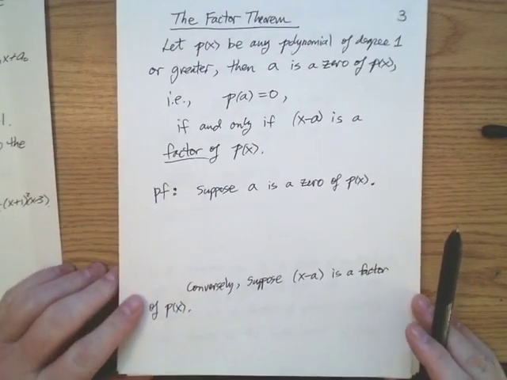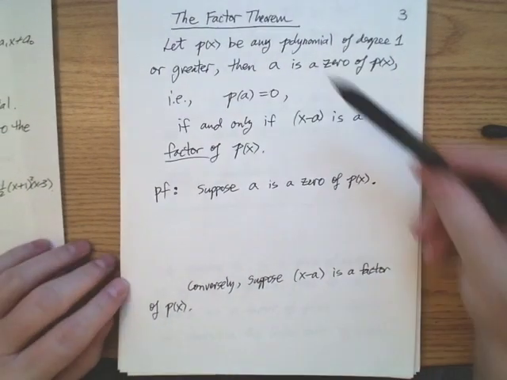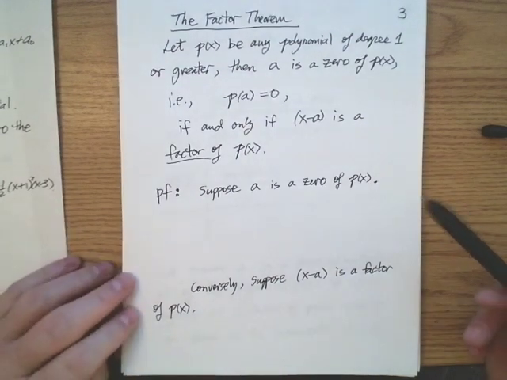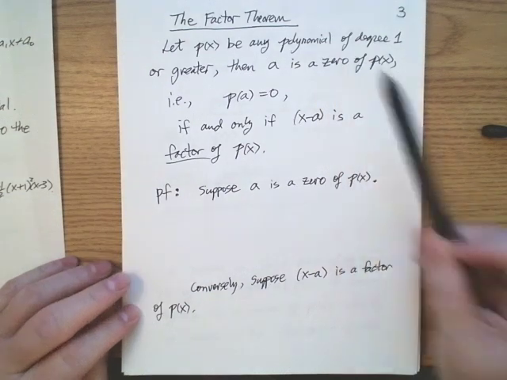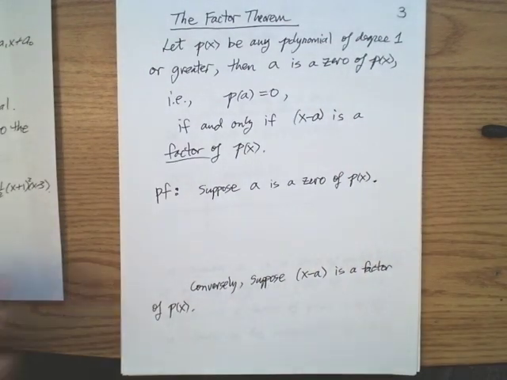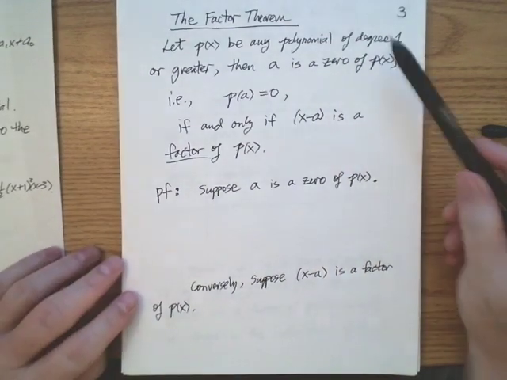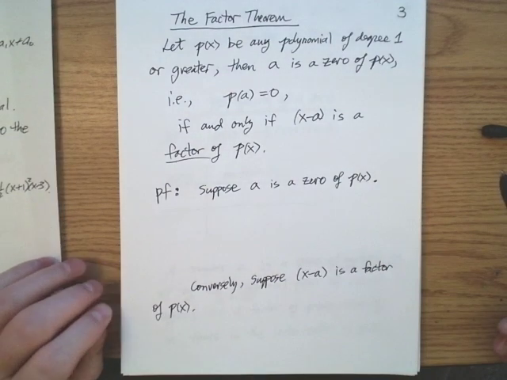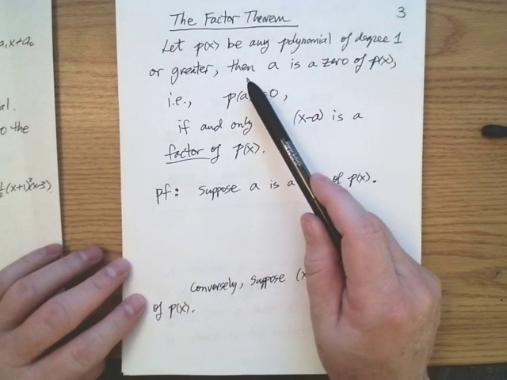Okay, the factor theorem. This is something you need to remember. The idea is really simple. Let p of x be any polynomial. It could be real, complex, integer, whatever. It has degree 1 or greater. Then I claim the following.